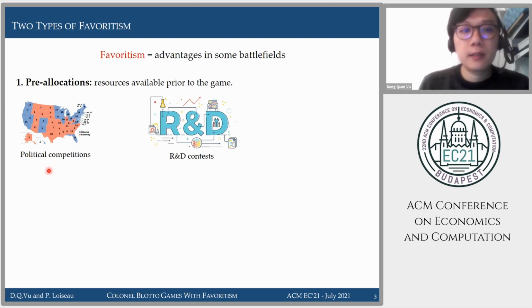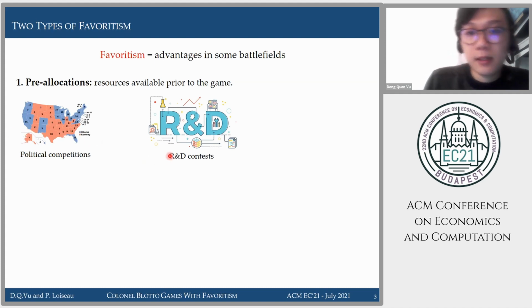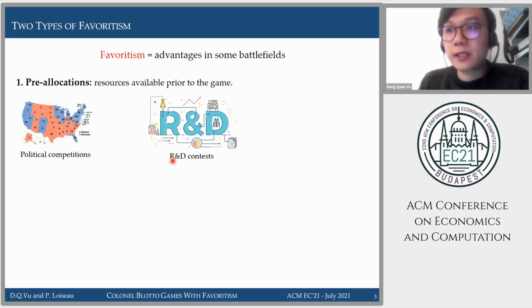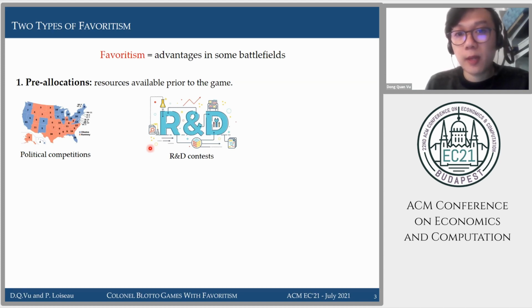For example, California is a pre-Democrat state, so it is as if the Democratic Party has a pre-allocation in this state. In the R&D context, the pre-allocation can be understood as the currently available technology or machines that will help the company to gain advantage in developing new products.